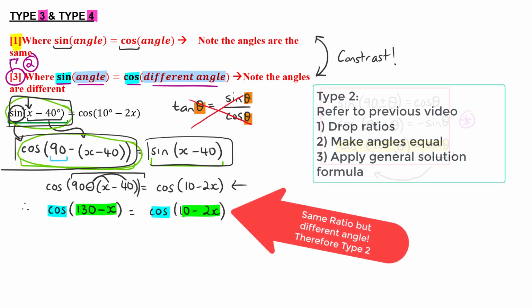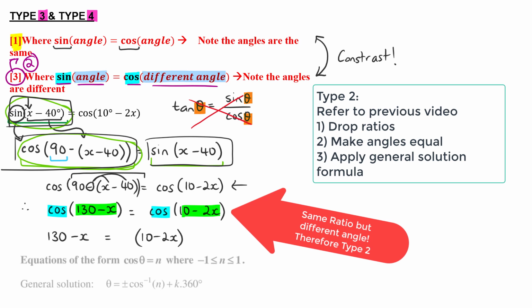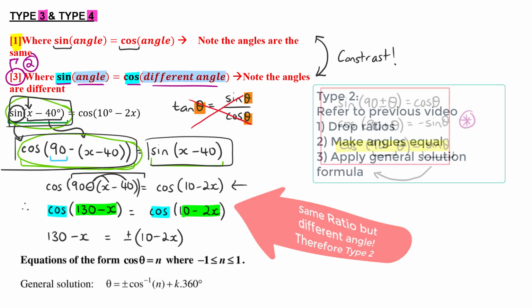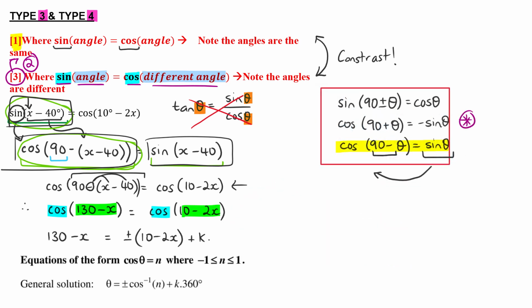And when it's type 2, the steps are to drop the ratio, write out both angles, but use our general solution. So we put that plus or minus in front from the general solution, plus the k times 360.